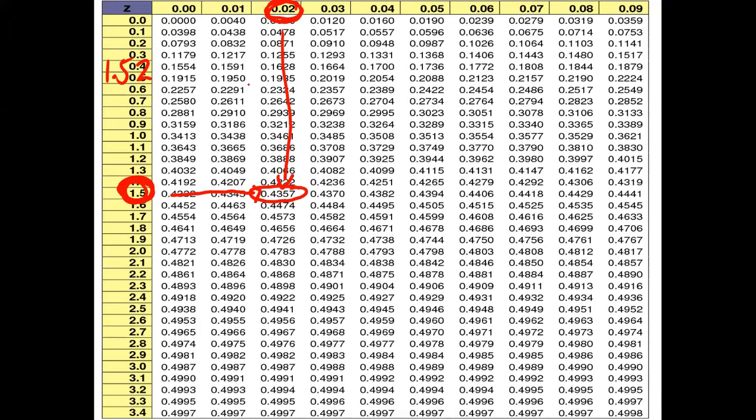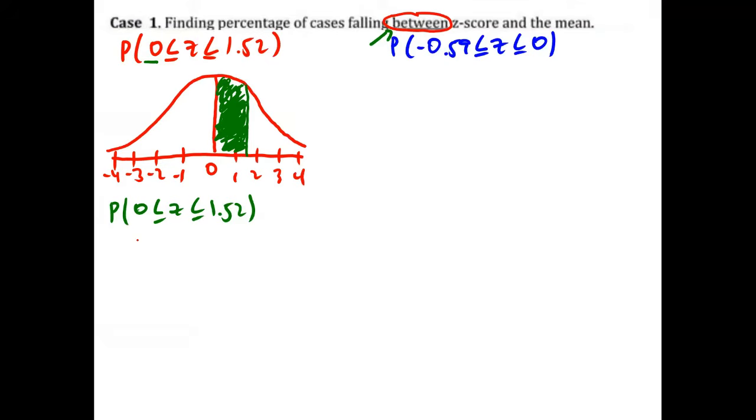So yung 1.52 ay may 0.43 or in percentage form, we have 43.57%. So, equal lang pala siya sa 43.57%. Okay, so yan na kagad yung sagot natin.